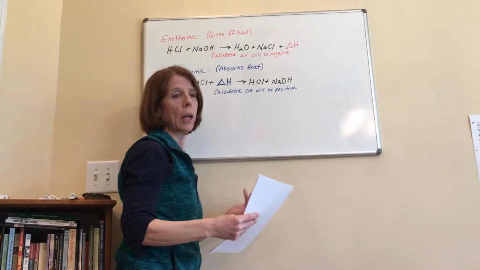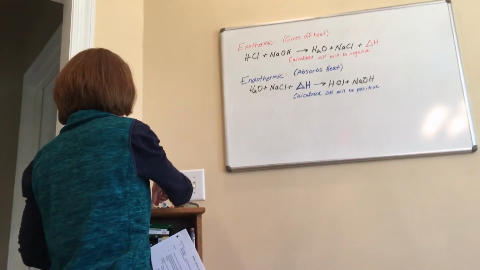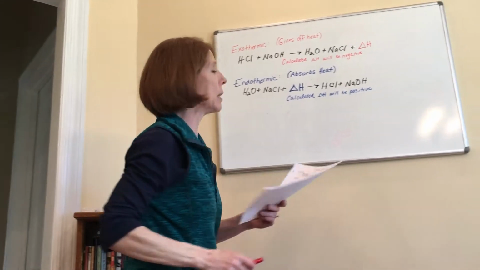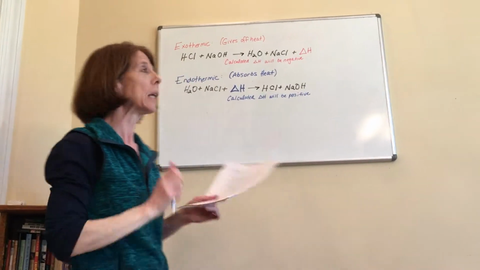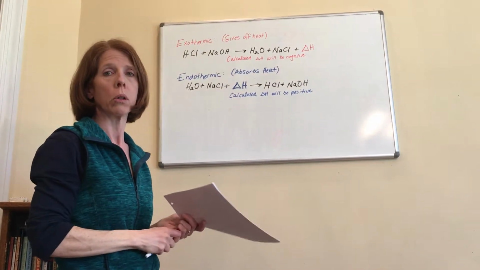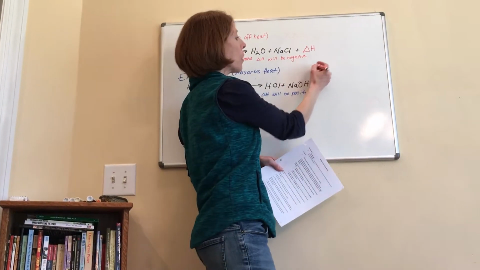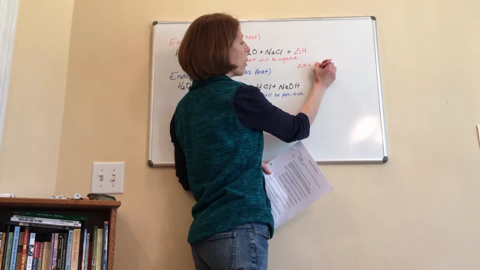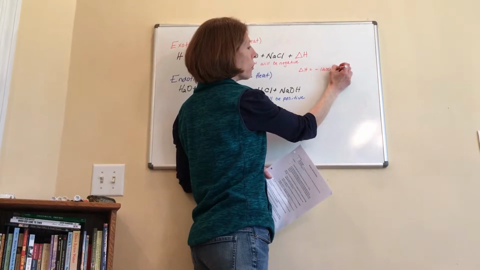So for example, let's say that this particular exothermic reaction gives off 1200 kilojoules per mole. If we were to calculate this number, we would get a delta H equal to negative 1200 kilojoules per mole.